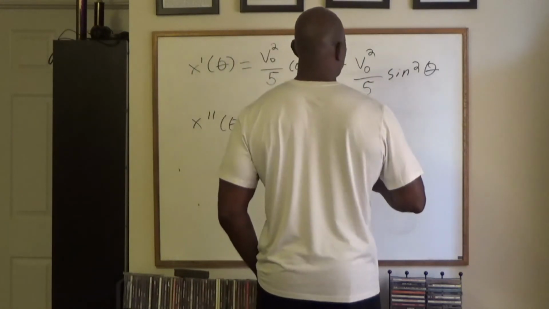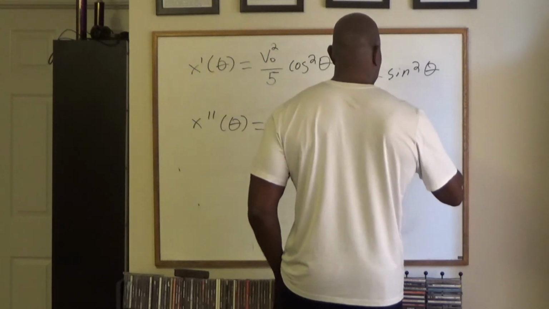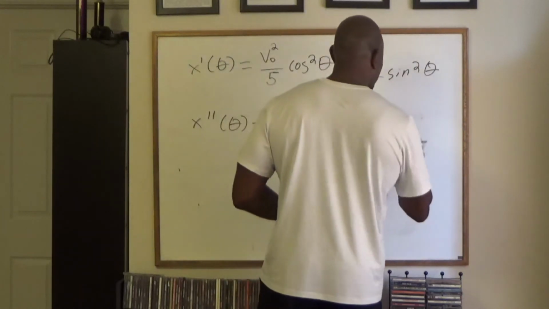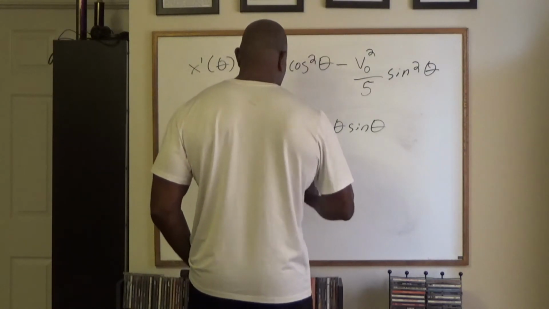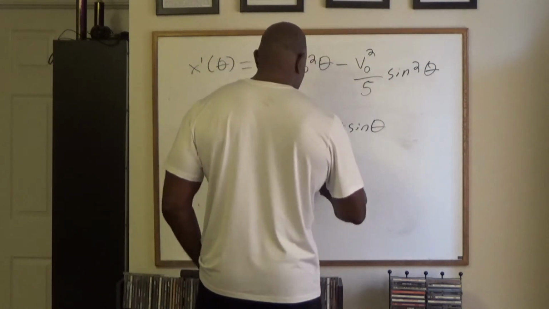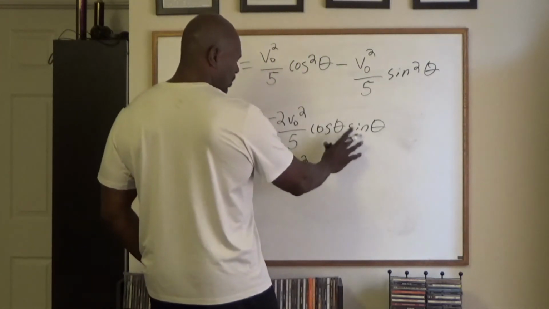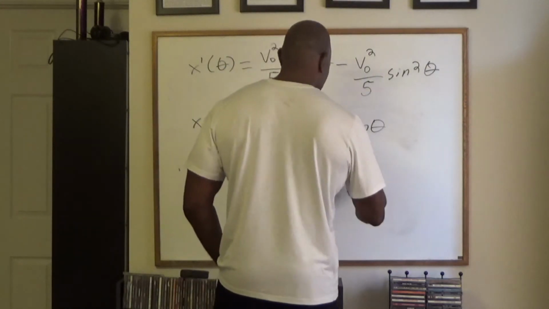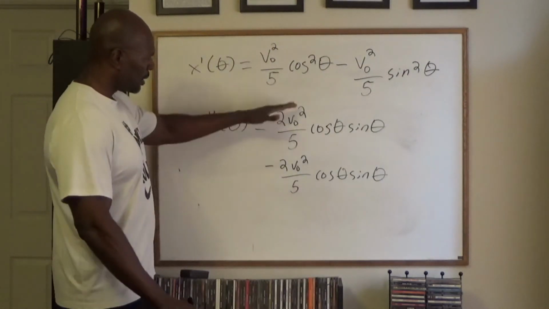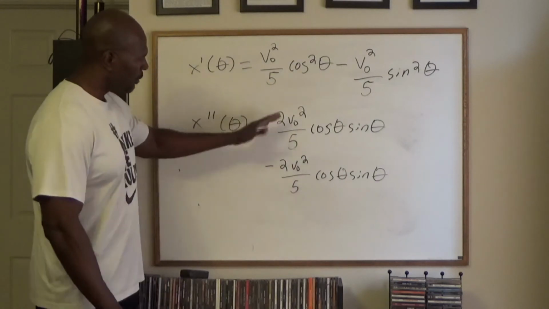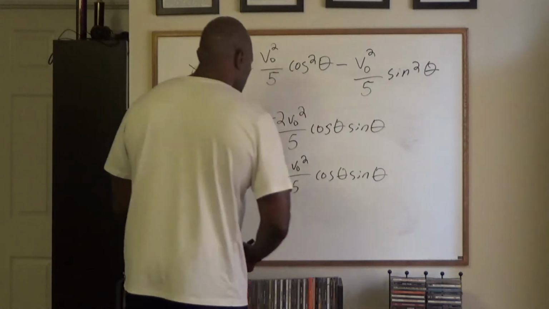So minus 2 v naught squared over 5 sine theta cosine theta. Why not write it in an order consistent with this? So cosine theta sine theta. These are the exact same terms. There's a minus sign in front of this. So if I combine those, that'll be negative 4 v naught squared over 5 cosine theta sine theta.